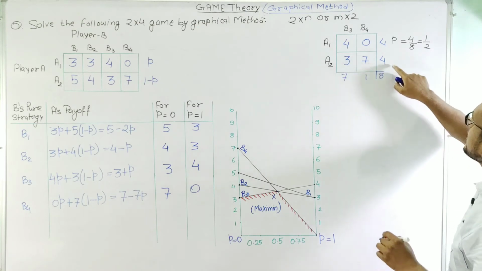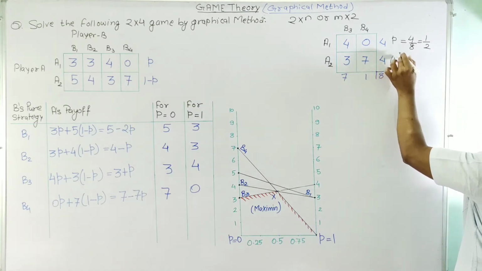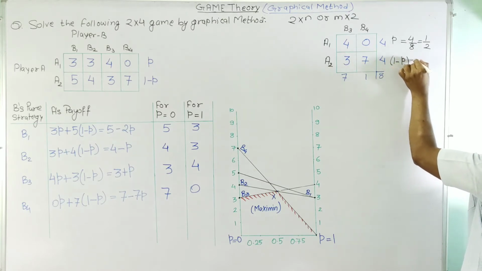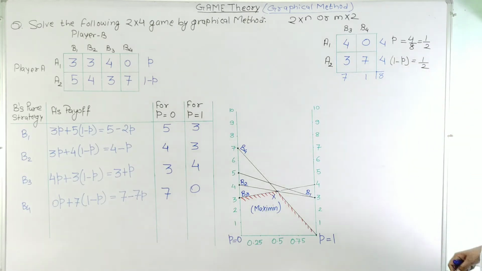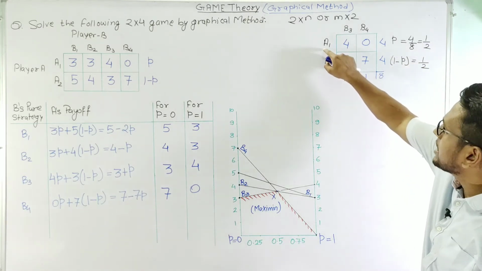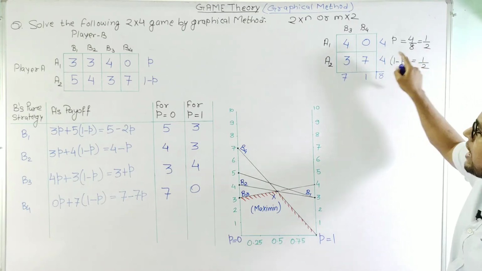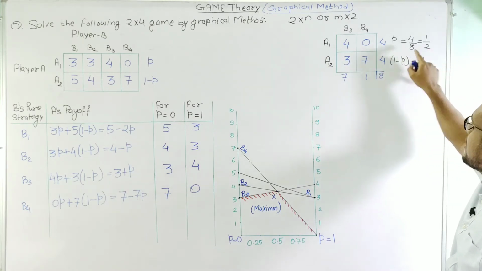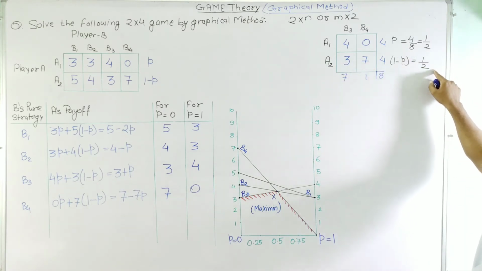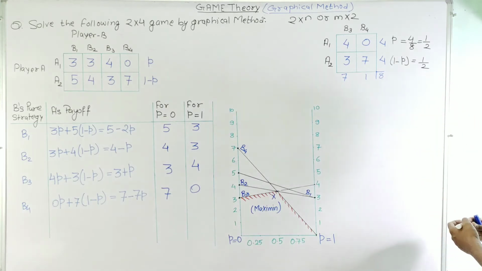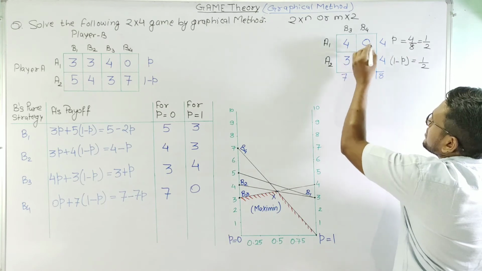And strategy A2 is given as 1 minus P, which is equal to 1 minus 1 by 2, and it comes as 1 by 2. So the probability of player A playing strategy A1 is 1 by 2, or 50% of the time, and the probability of player A playing strategy A2 is 1 by 2, or 50% of the time.